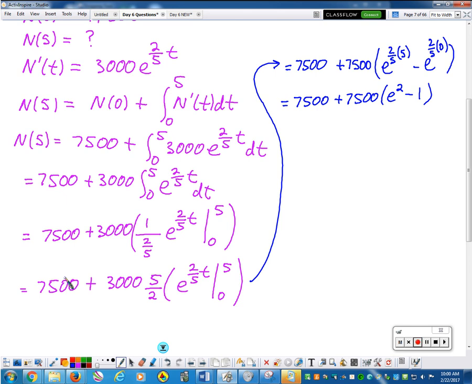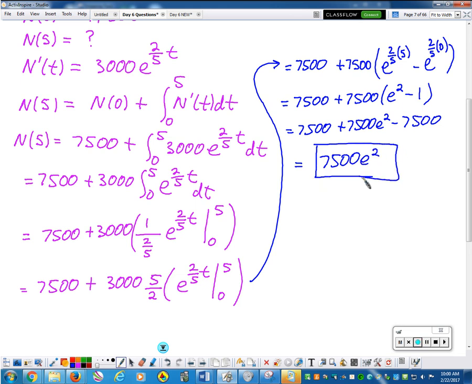So I distribute now. Please. So on your answer, you just wrote equals 7,500 e to the second. Would you not need to put another 5 because of the order and all the equals leading up to there?